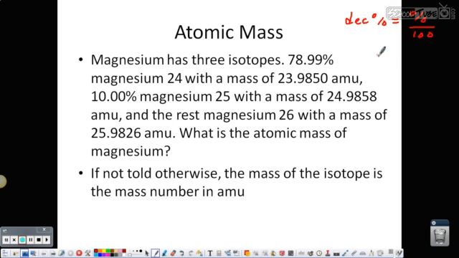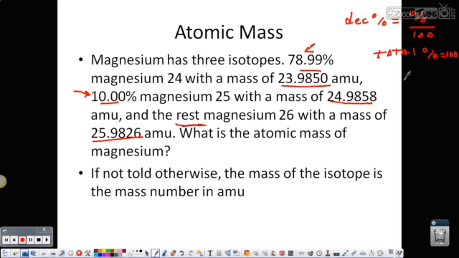The other thing, the total percent has to equal 100. So if you're given 2 of them and it doesn't tell you the third one, because I have 3 masses, look, 1, 2, 3 masses, I have to have 3 percentages and I only have 2 percentages. Here and here. So that means I've got to figure out the other percentage.